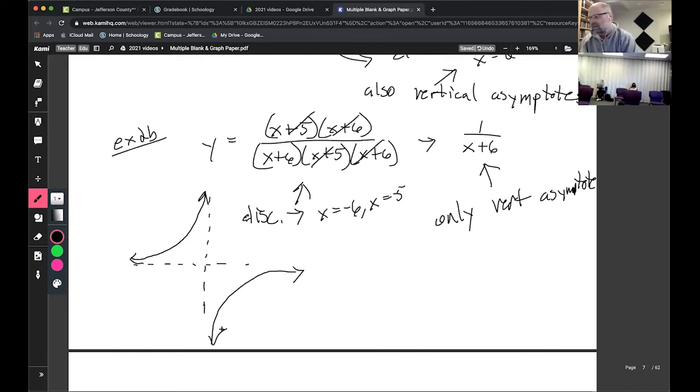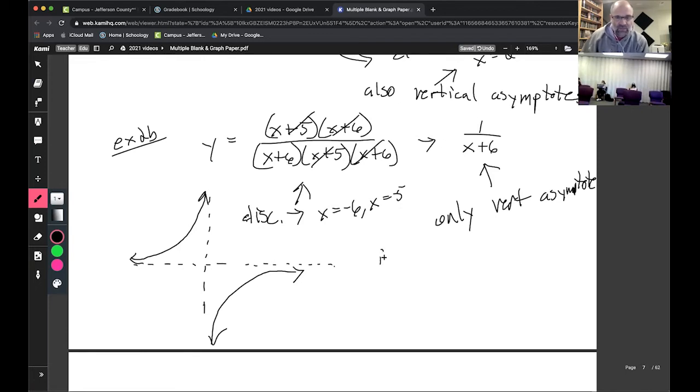It has at most one horizontal asymptote. If the degree of the denominator is greater than the degree of the numerator, the graph has a horizontal asymptote at y equals 0.